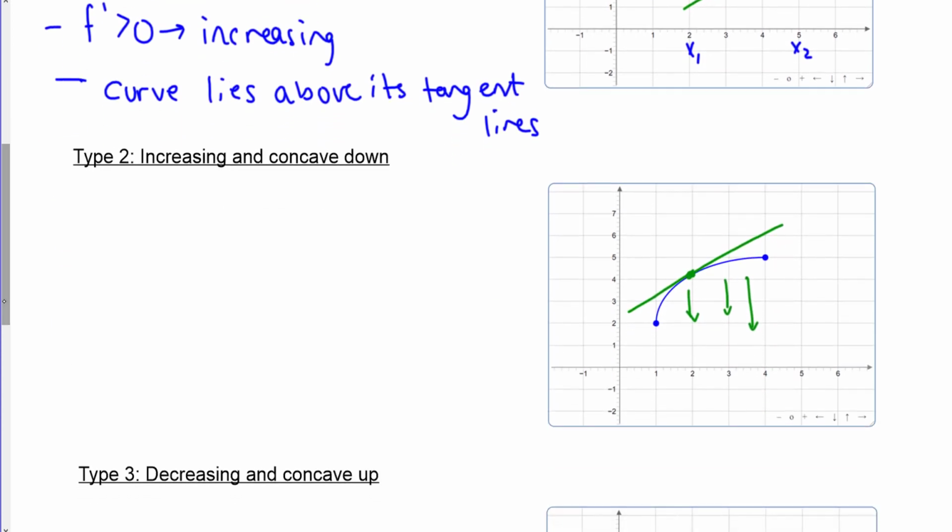Whereas in this next curve, we're increasing, so the first derivative would be greater than 0. We're concave down, which means the second derivative is less than 0. Since the second derivative is less than 0, my function is increasing, but it's not increasing as rapidly. It's slowing down here. So it's increasing at a decreasing rate, and that's what gives it that shape of the concavity.